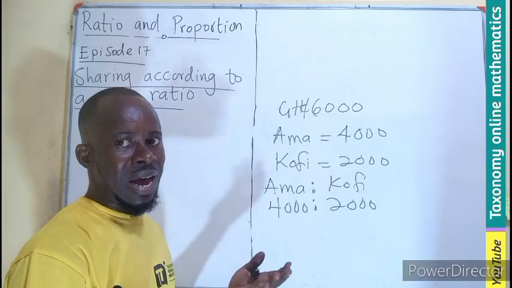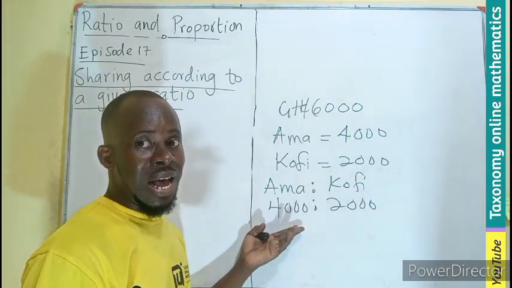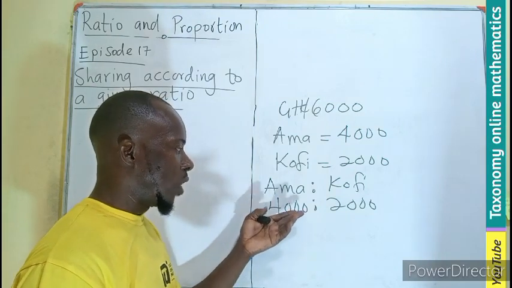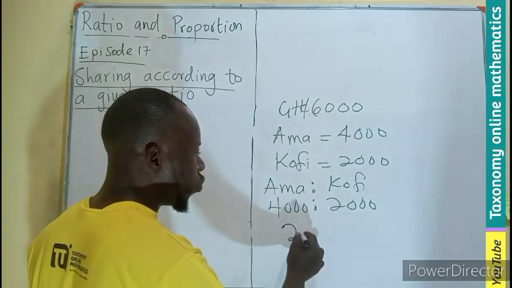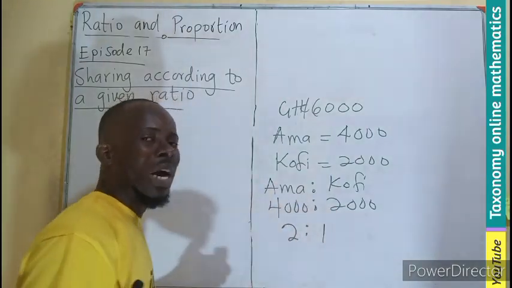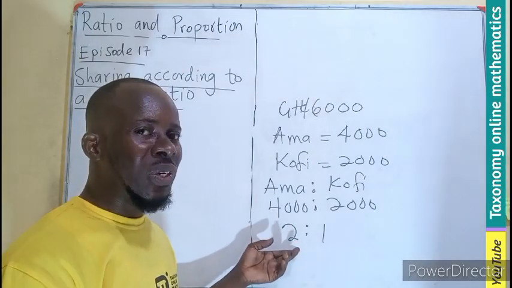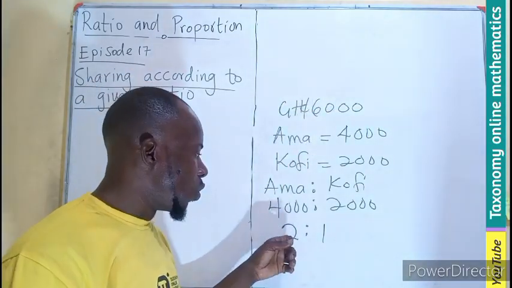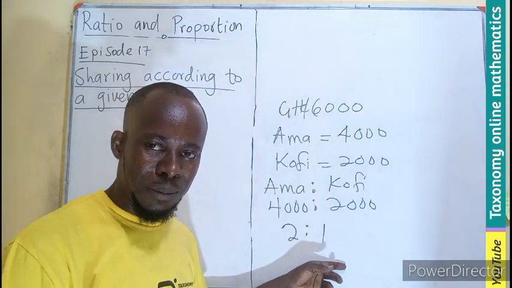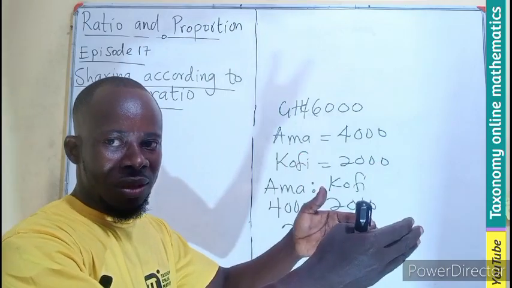We can divide by 1,000, since this is going to be a fraction. Then we have 4 is to 2, which can be divided further to give us 2 is to 1. So you can see that this 6,000 has been shared in the ratio 2 is to 1: 2 parts for Ama, 1 part for Kofi.